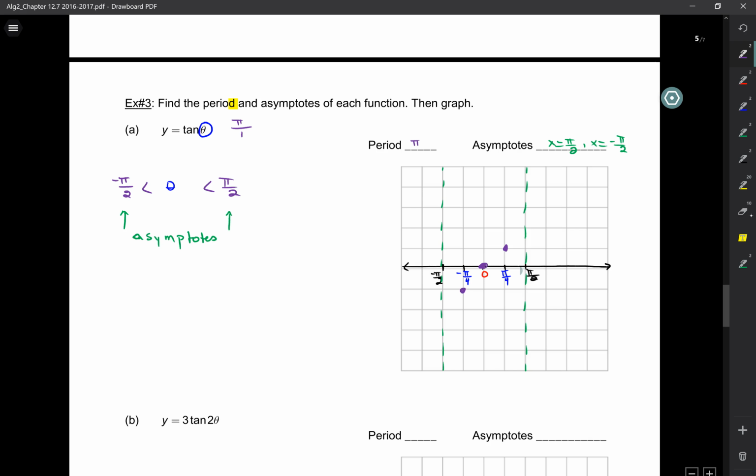And that's how it looks. How do you know you go up one? What's tangent of pi over 4? What's tangent of 45? 1, right? So tangent of 45 is equal to 1. What's tangent of negative pi over 4? That's in the 4th quadrant. What's tangent there? Negative 1. So there is not much of a mystery there.